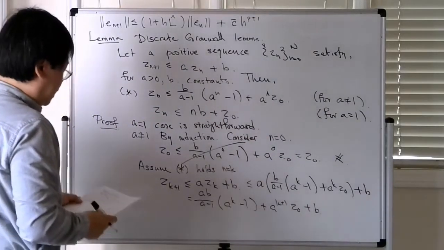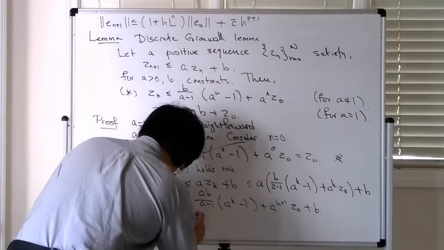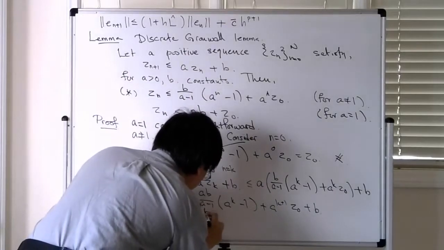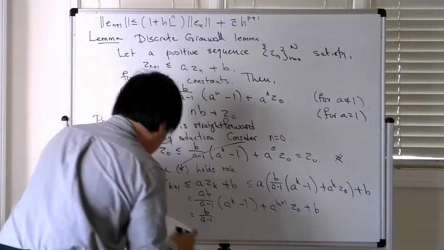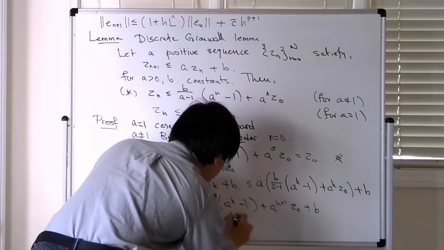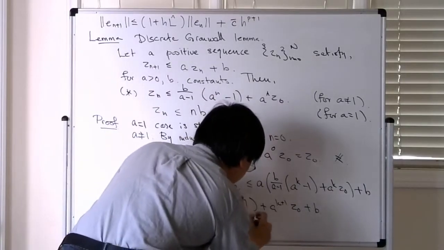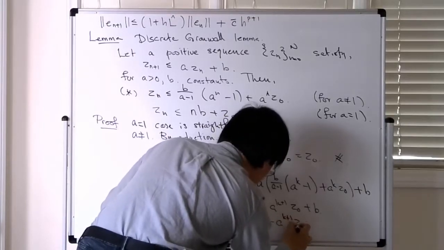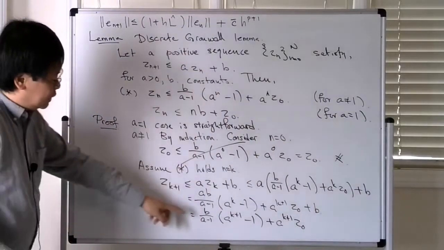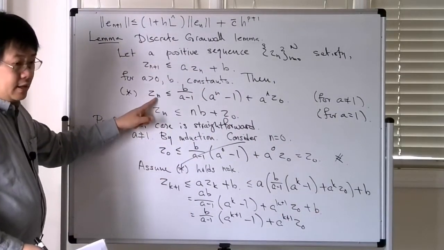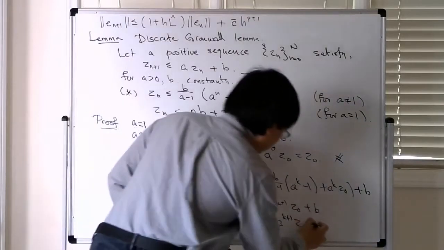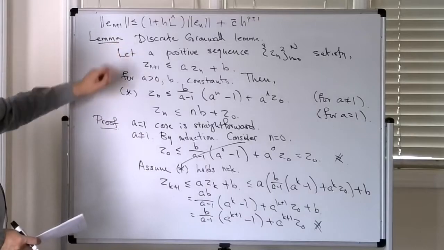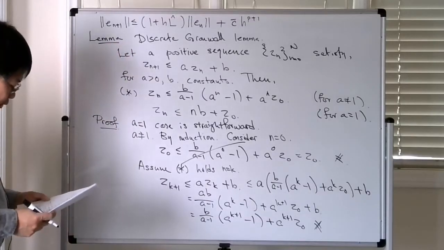And then you can collect terms, and you can show that this is equal to b over a minus 1, times a to the k plus 1 minus 1, plus a to the k plus 1 z0. Which is of course the case for n equals k plus 1. So you proved the Gronwall lemma using induction.